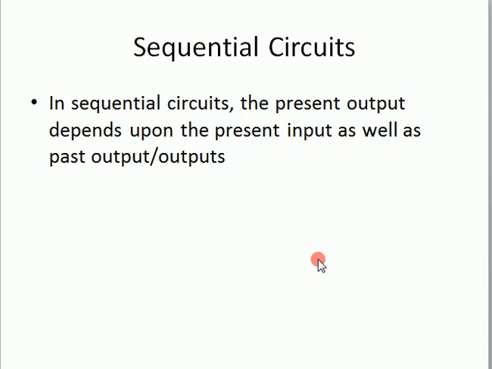The present output depends upon the present input as well as the past outputs. In the combinational circuit, the present output is dependent upon the present input, but in the sequential circuits the present output is dependent upon the present input as well as the previous outputs. Such types of circuits are known as sequential circuits.